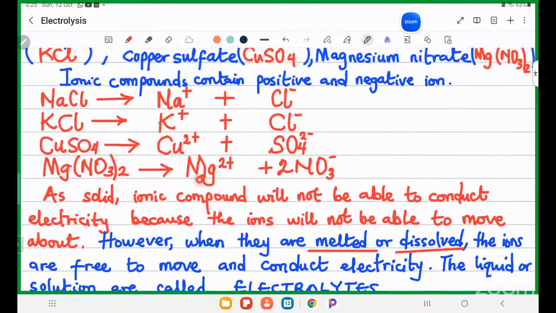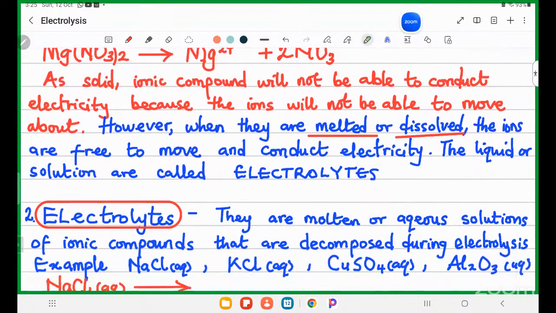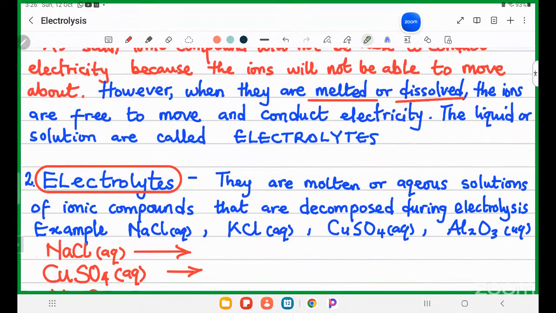In a nutshell, what are electrolytes? Electrolytes are molten or aqueous solutions of ionic compounds that are decomposed during electrolysis.